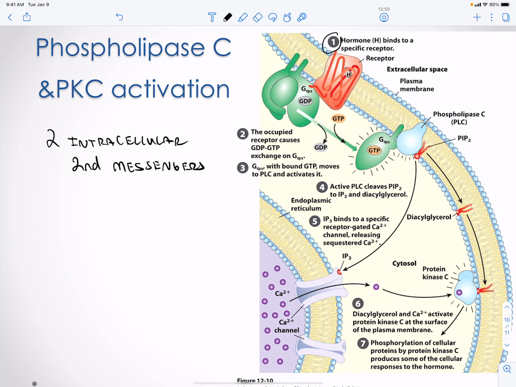So again, we have our hormone that's going to bind. You have your alpha unit that becomes activated. In this case, it is phospholipase C that gets activated. Phospholipase C is basically going to cleave phosphatidylinositol 4,5-bisphosphate.